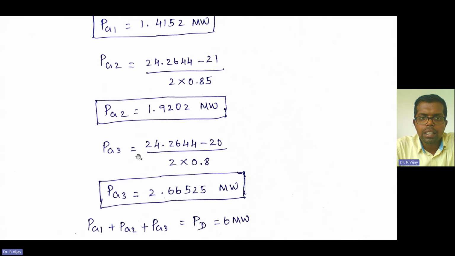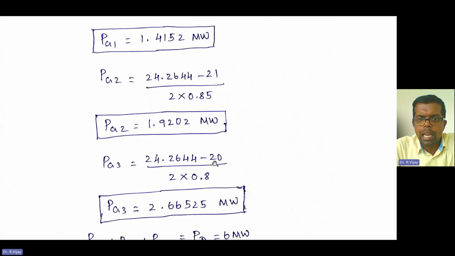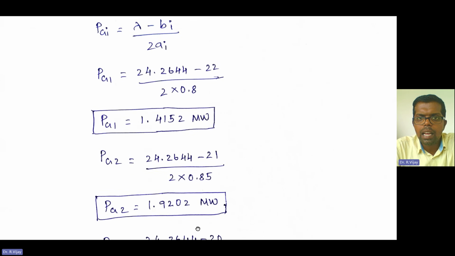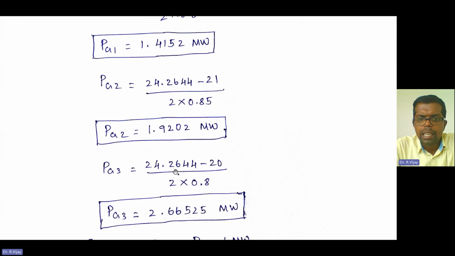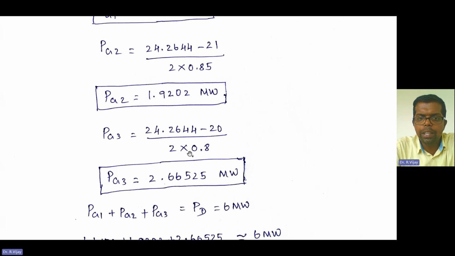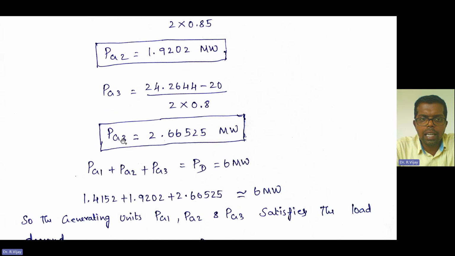Similarly, PG3 is lambda minus b3 divided by 2a3, that is 24.2644 minus 20 divided by 2 into 0.8. Simplify using your scientific calculator, and you will get PG3 as 2.66525 megawatt.